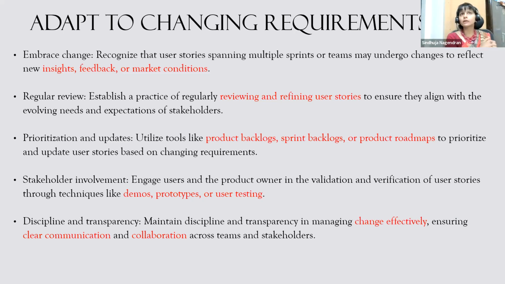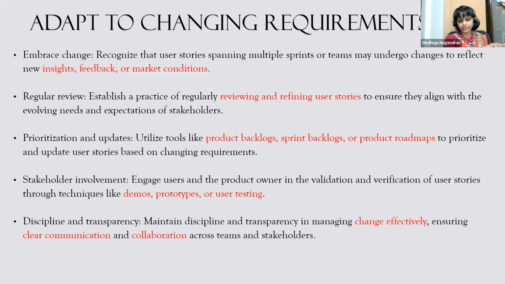So slicing alone is not the only option to reduce the size of the user stories, and extending the sprint length alone is not the only option. We have multiple options to achieve this. And stakeholder involvement: do demos properly, prototypes or user testing, so that we can get validation and verification, and based on that we can write our user stories accordingly.